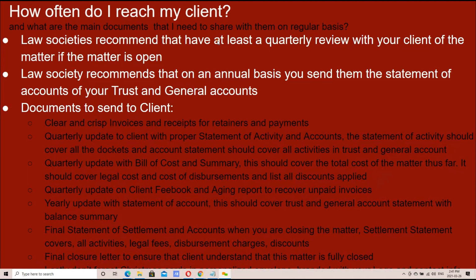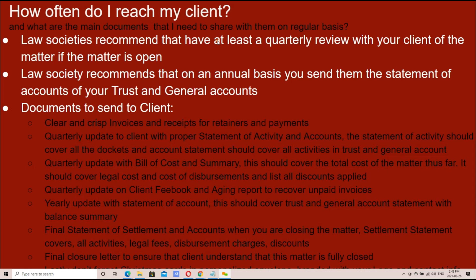But four very important documents. And again, this is a big story, but I'll leave you with four important documents to keep in mind. Statement of activity or settlement accounts, bill of cost and its summary, and a final statement of settlement along with trust and general accounts. The top three documents.